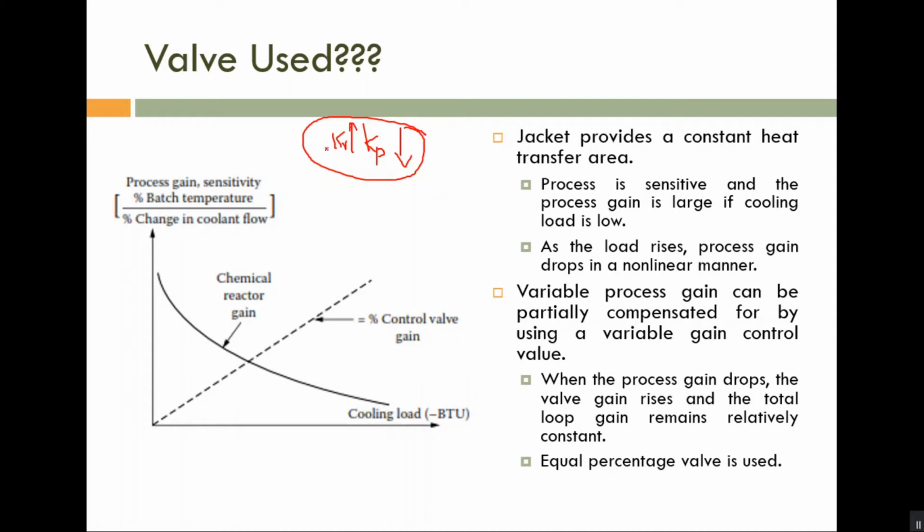The simple thing that we can use is a control valve, especially an equal percentage valve, which has an important property. With respect to the cooling load, its gain will linearly increase. The flow characteristic of equal percentage is a curved, exponential one, but from the gain point of view, the variation of gain contributed by the equal percentage valve with respect to the cooling load is linear. That is very important.